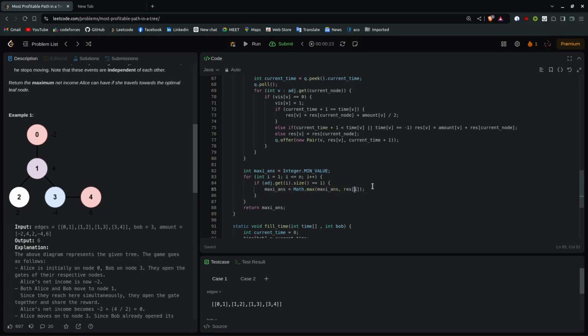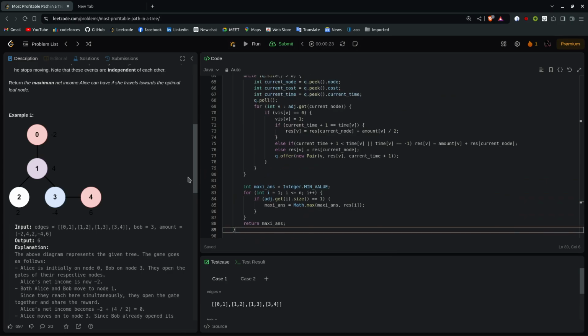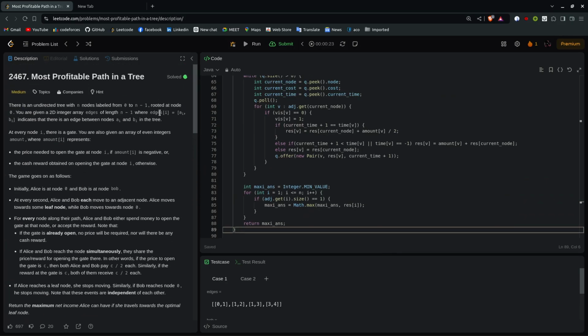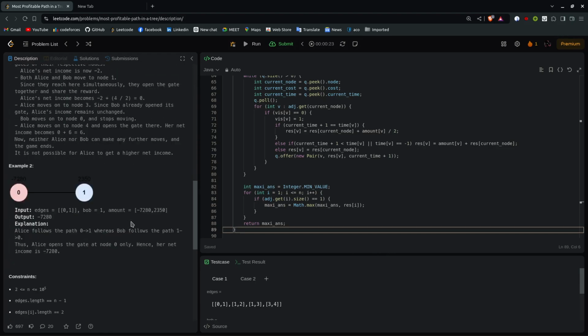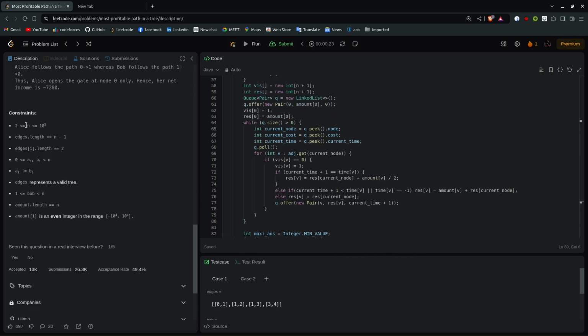Resultant of i stores the maximum answer Alice can have starting from node 0 to some particular leaf node, and then at the end of the day we output the maximum answer. And this would have been the explanation for the problem named most profitable path in a tree. And this solution does pass, given that we have n at most 10 to the power 5 and the edges are n minus 1.